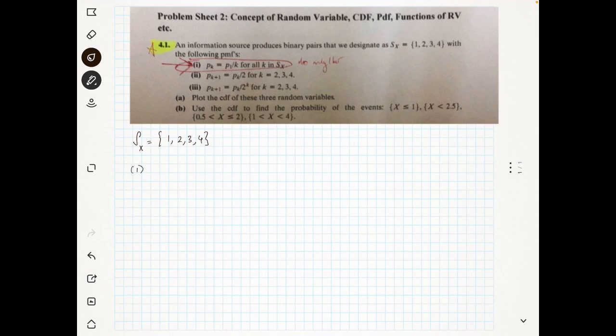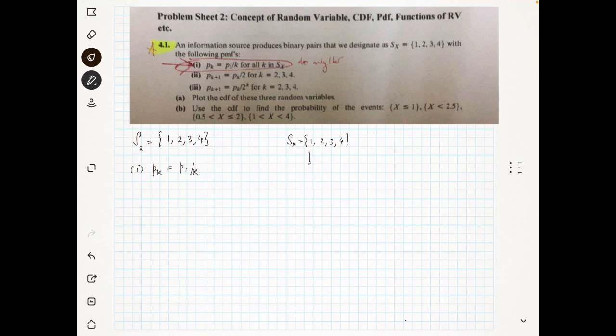The probability is pk, which is nothing but p1 over k. So we can define all the probabilities. That means we have this sample space, with the random variables 1, 2, 3 and 4.